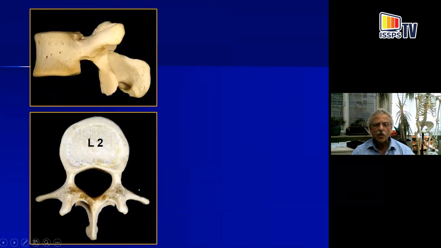A typical L2 vertebra, to understand what are the boundaries as far as I'm concerned from the osseous side, you see the vertebral arch, the pedicle, and the lamina that fuses from both sides to the spinous process. And of course, the posterior aspect of a vertebral body.